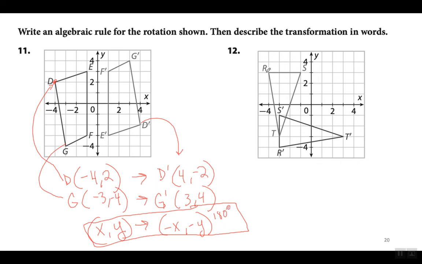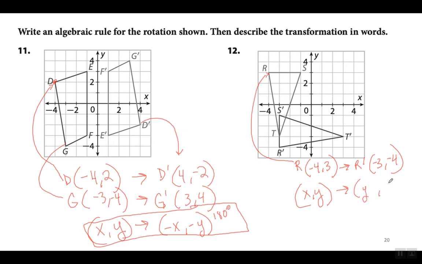Just to do another one quickly, and since I'm in a rush, I'm going to do just one point. R is at -4, +3, and R prime is at -3, -4. So that means this is the rule. (x, y) is being changed to, the 4 and the 3 are switching spots.